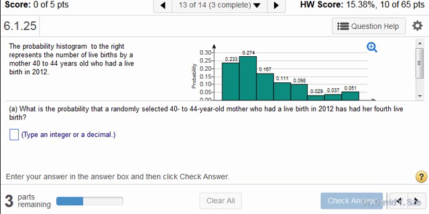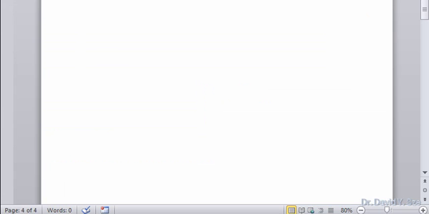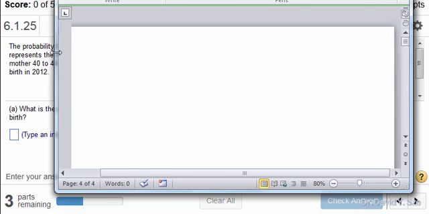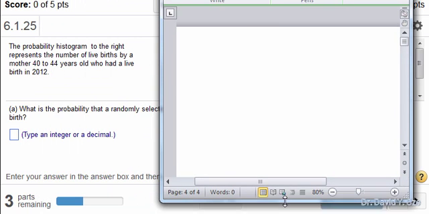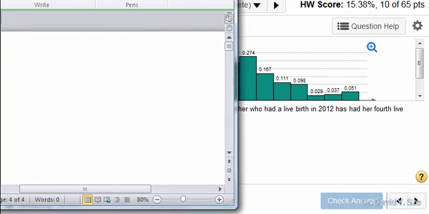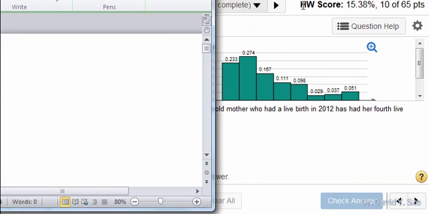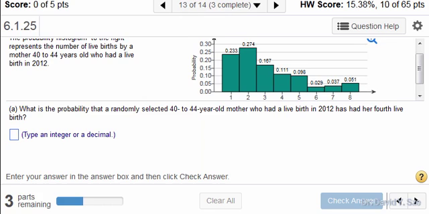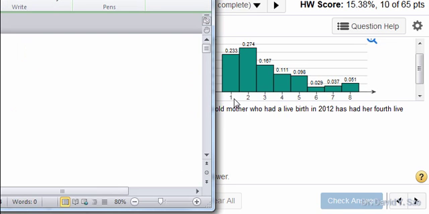Let me go to some scratch paper to put this in a different way. I'll resize this a little so that we can see the original chart. So this original chart says that 23.3% of the women, for that many of them, this is their first live birth.